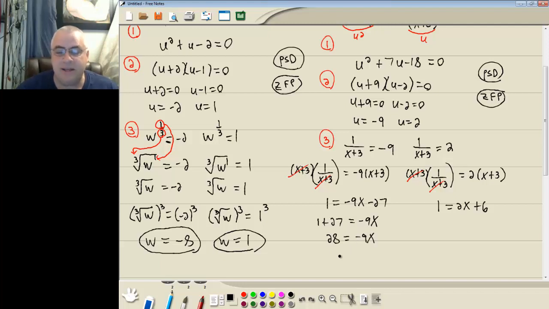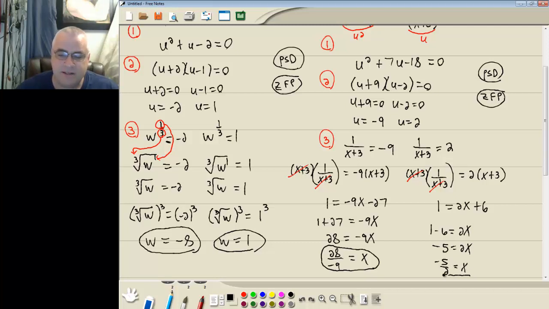Then divide both sides by negative 9, and we get x is equal to negative 28 over 9. This one takes 6 over, so 1 minus 6 is equal to 2x, which gives us negative 5 is equal to 2x. Then divide both sides by 2, and we get x is equal to negative 5 halves.